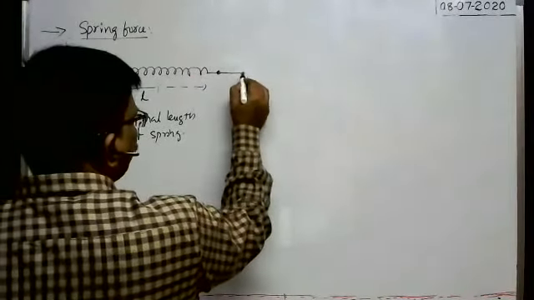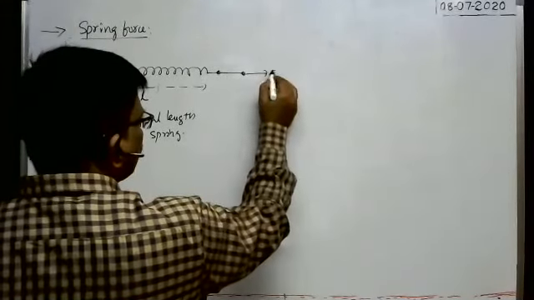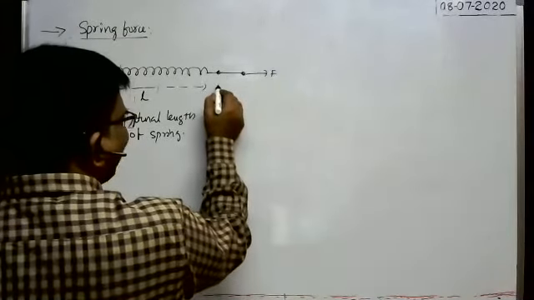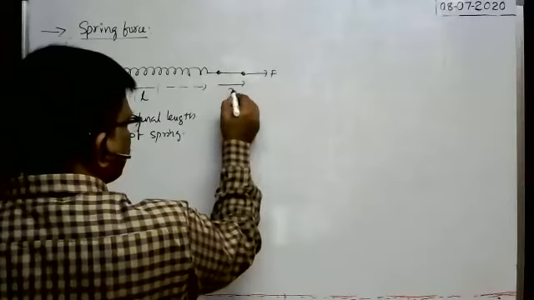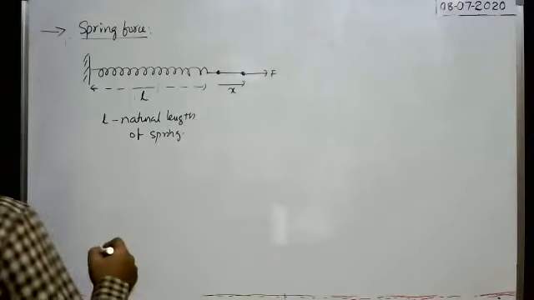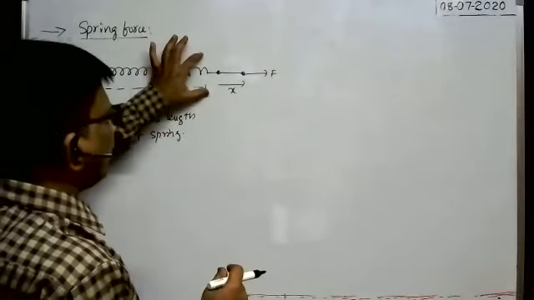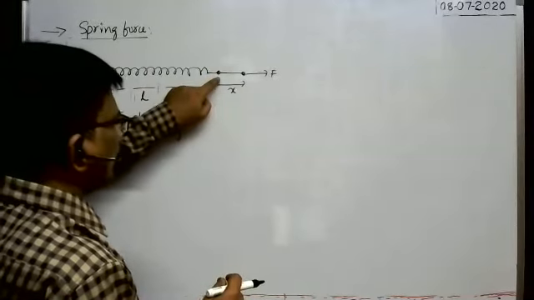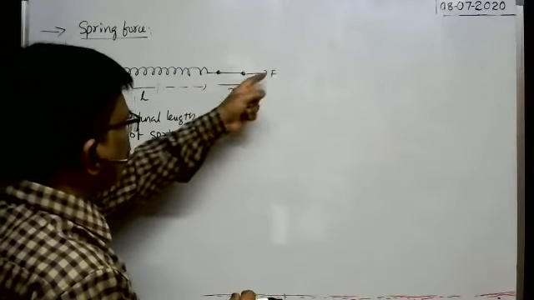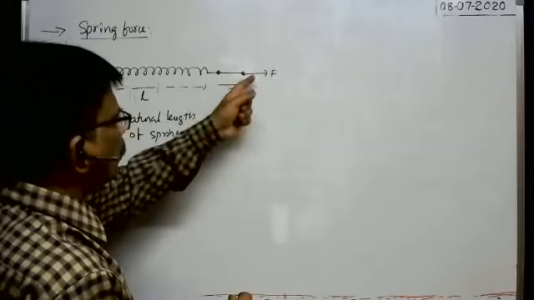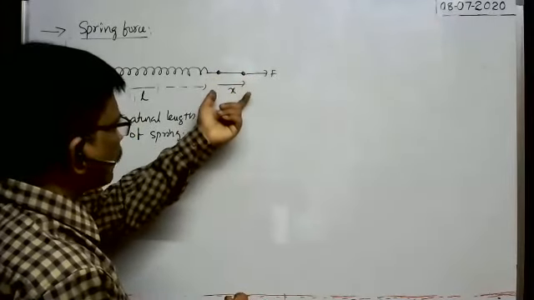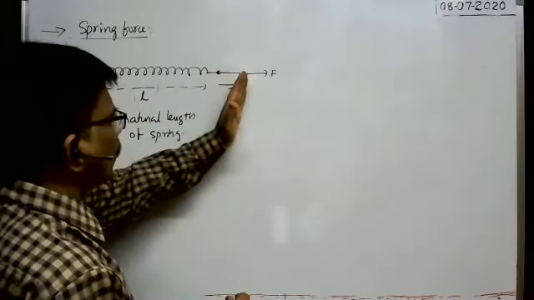The applied force is in this direction, and the extension of the spring is equal to, say, x. Initially, in the unstretched condition, the free end of the spring is here. When the spring is pulled with the external force F, it extends up to x and is in equilibrium at this position.